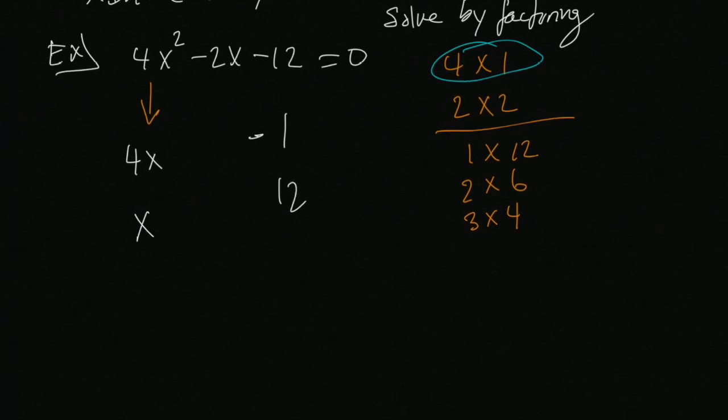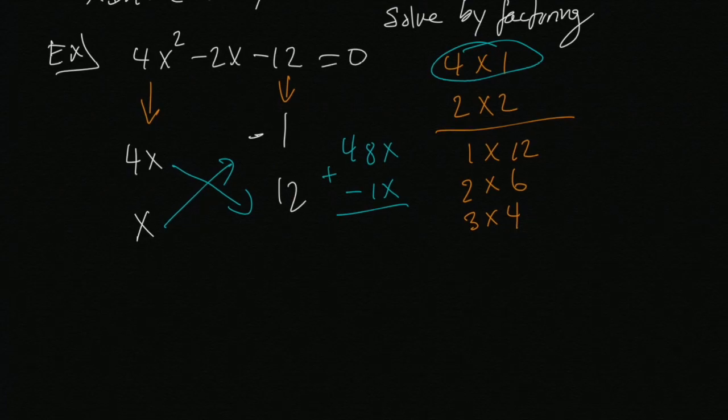Then we cross. 4 times 12 is 48x, and then x times 1 is negative 1x, and when we add those together we get 47x. Clearly that's not the right answer, and so we will try again.